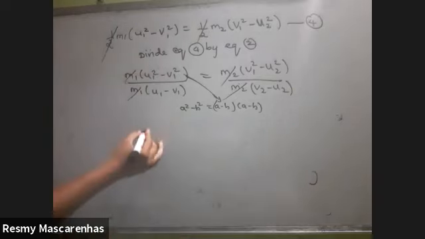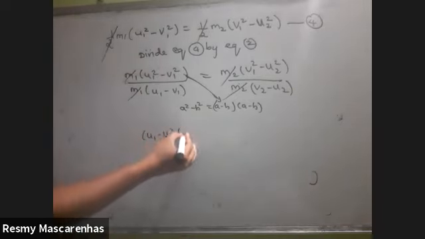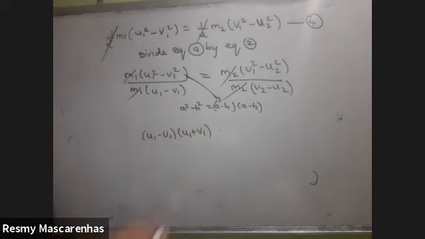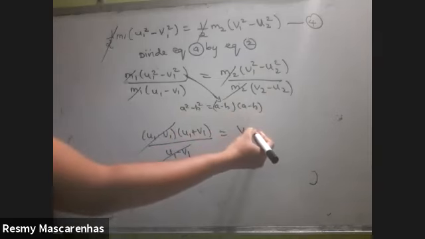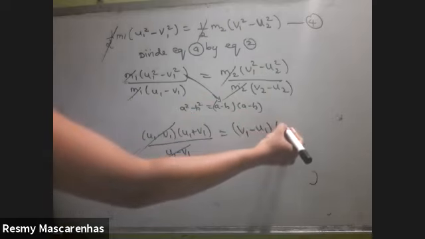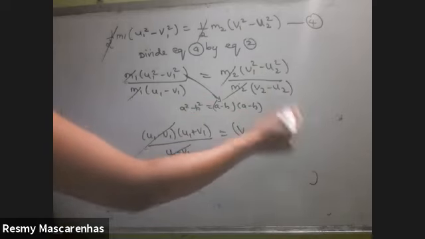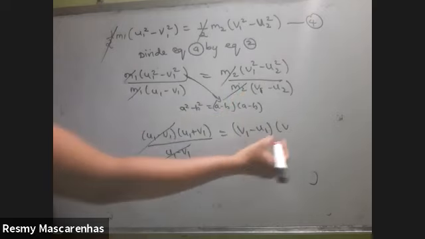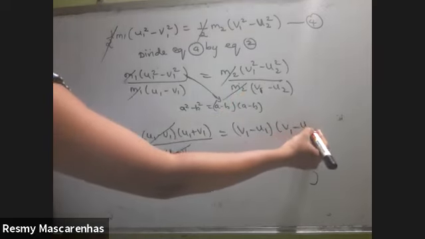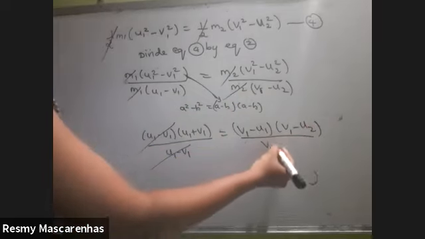So this and this are the same. Here also is split. This is V1, sorry. V1 minus V2.